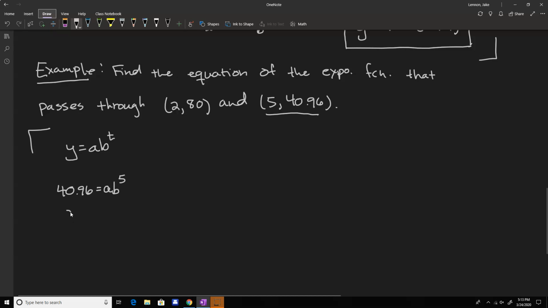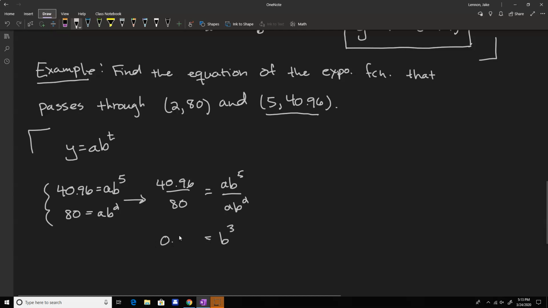And then below we would have 80 equals ab to the 2nd power. So this is our system of equations. We can take ratios. So 40.96 divided by 80 should be the same thing as ab to the 5th over ab squared. So our a's cancel, and if you subtract the exponents, 5 minus 2 leaves 3.